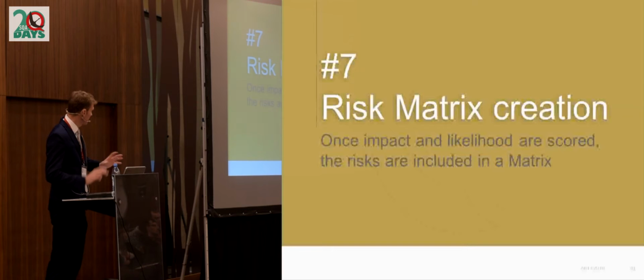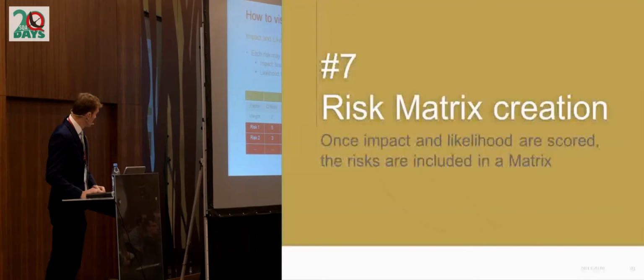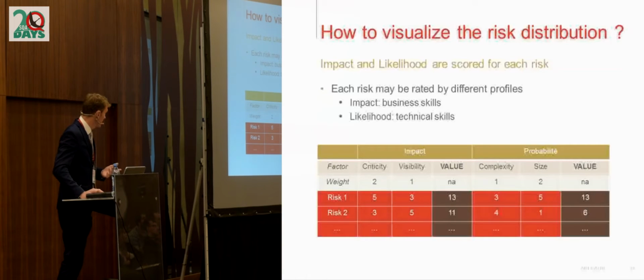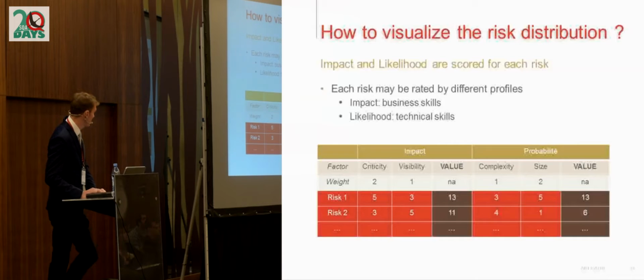Once this exercise is done, you have all you need to create the risk matrix. The risk matrix is the place where you will put the risks to have a visual understanding of their criticality and their level. So you will have for each risk a value for the impact and a value for the likelihood. It can be managed in a table like this, in your favorite Excel sheet, for example, there's no problem.